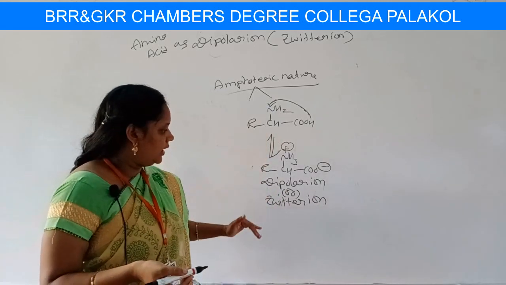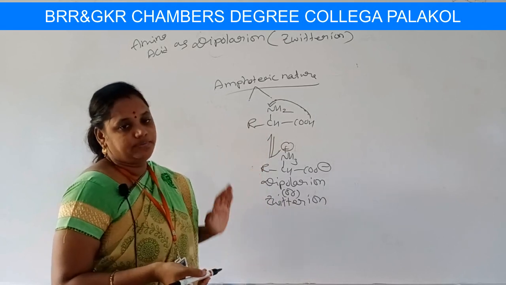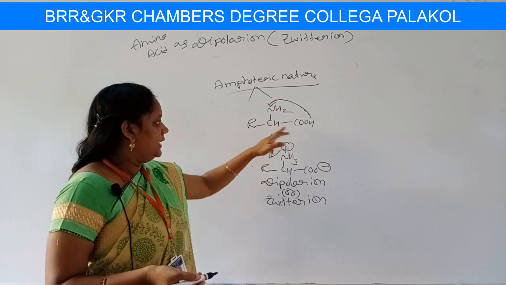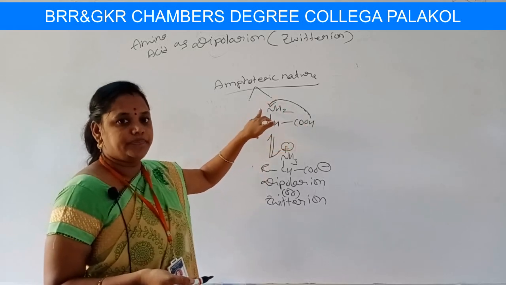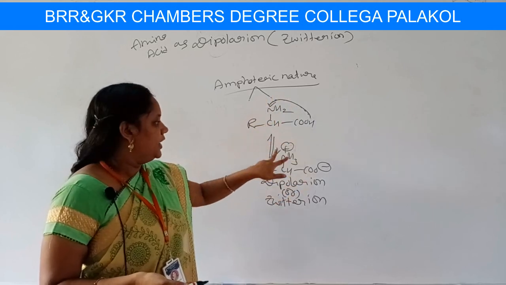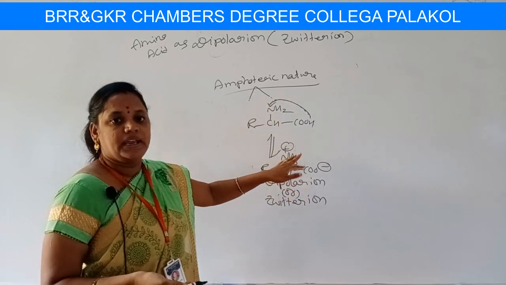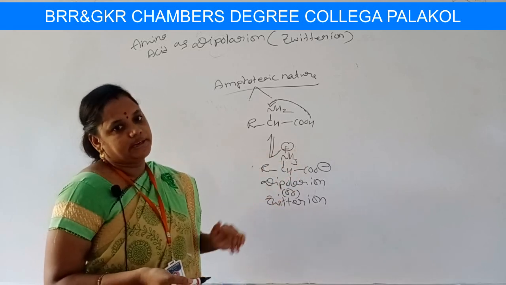Very, very important students. If hydrogen is shifted to NH2 group, NH2 will become NH3 plus and COO minus. Due to these two properties, it is called as dipolar ion or Zwitter ion.